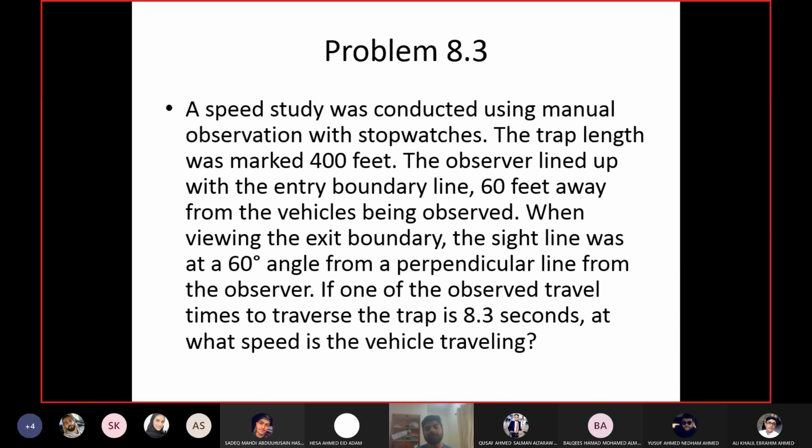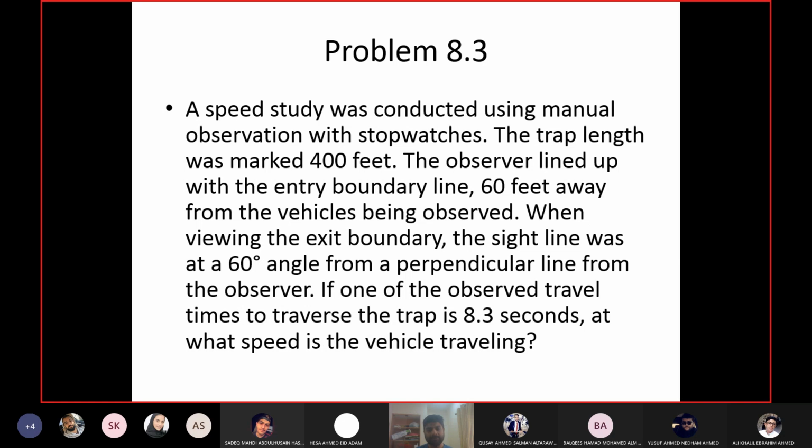Why was he 60 feet away from the road? For two reasons. First of all, safety. If a vehicle goes out of control and you are too close to the side of the road, you are in danger. Secondly, accurate measurement. If you are very close to the road, the drivers can see you and become cautious.